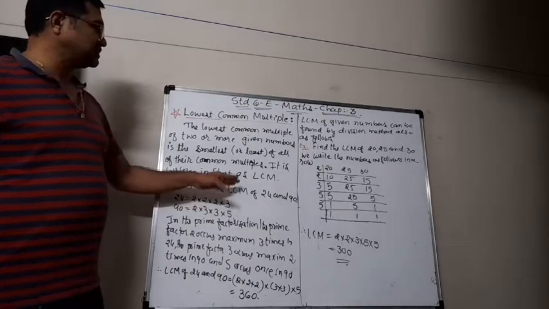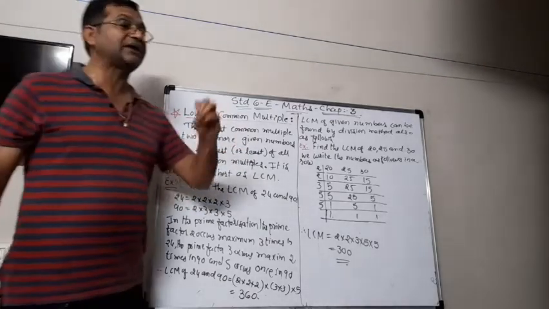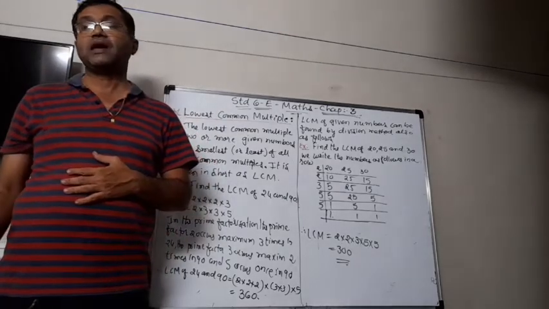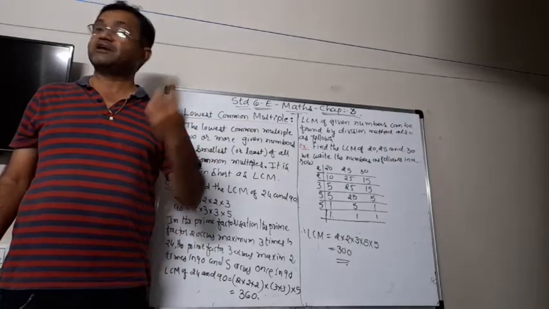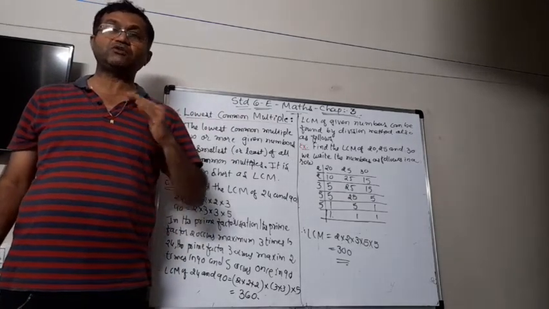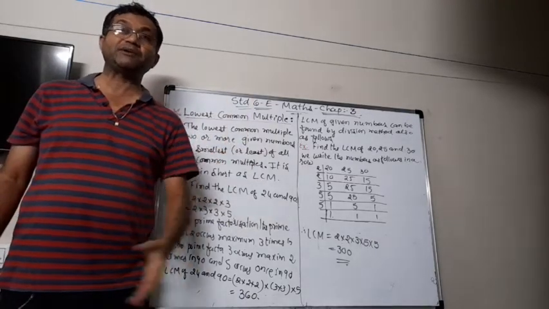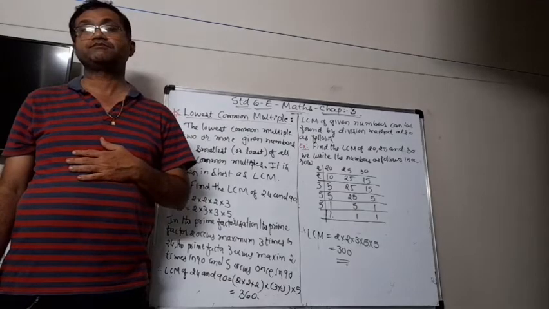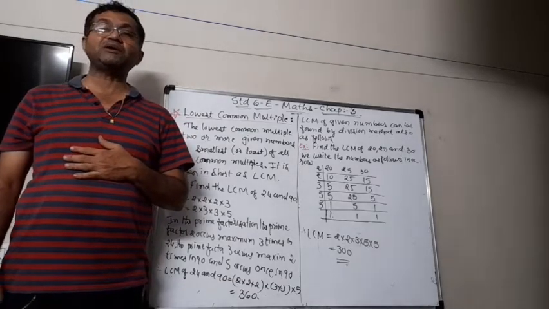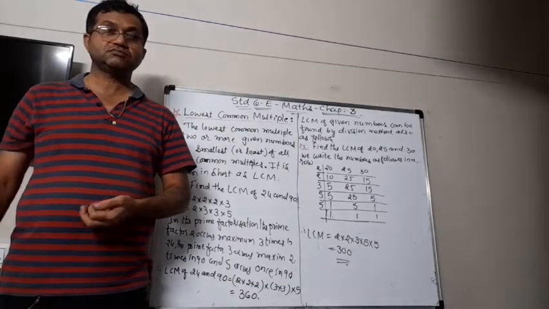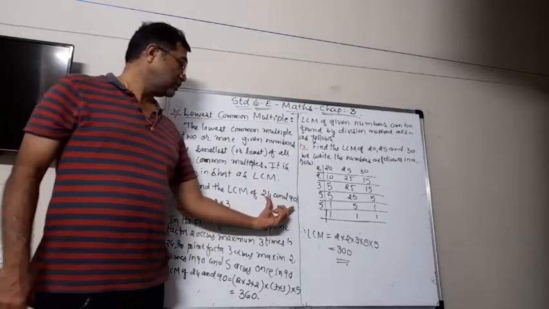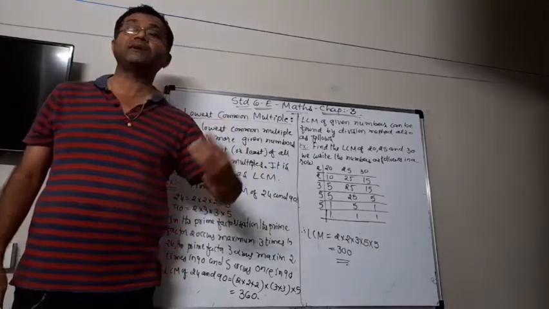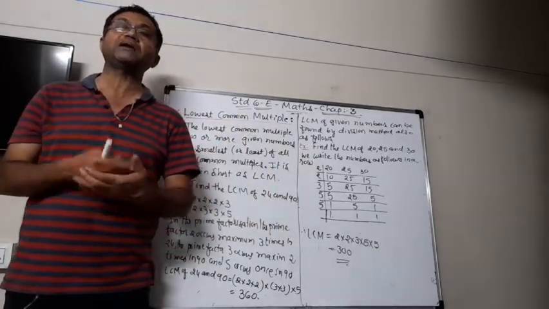Find the LCM of 24 and 90. Now, one method is to write down the multiples of 24 and the multiples of 90. But then it will be a long list, because to find the common multiples we have to write down so many multiples.